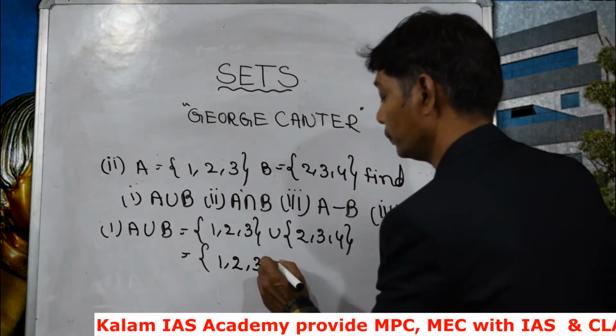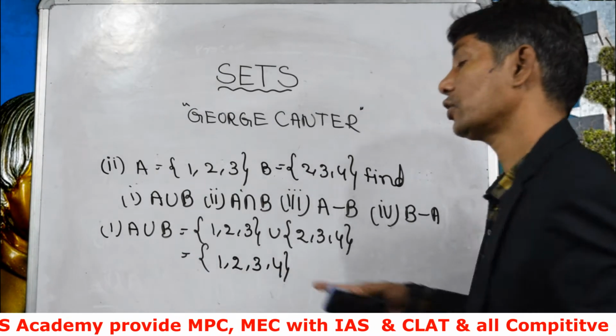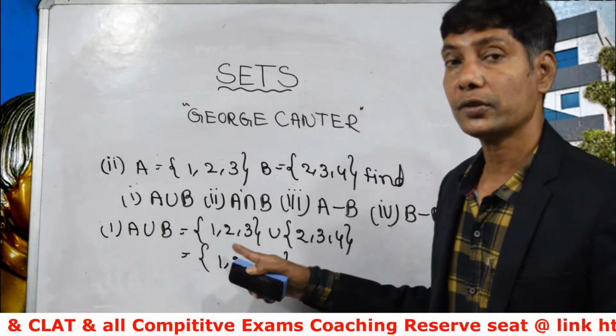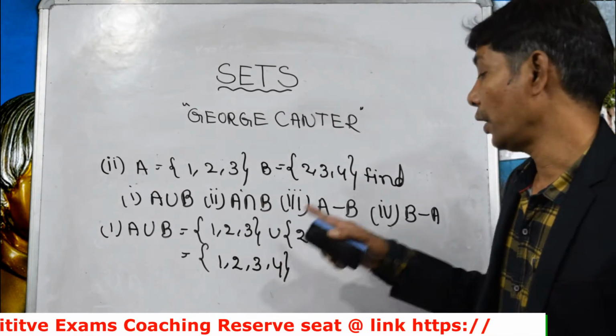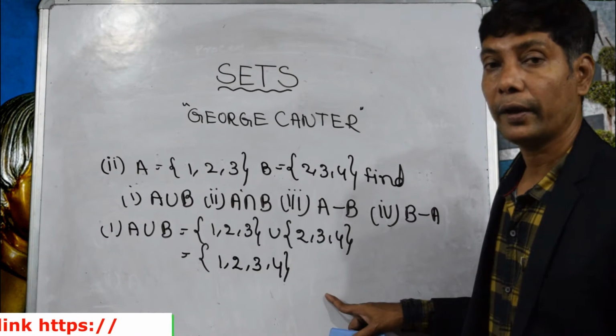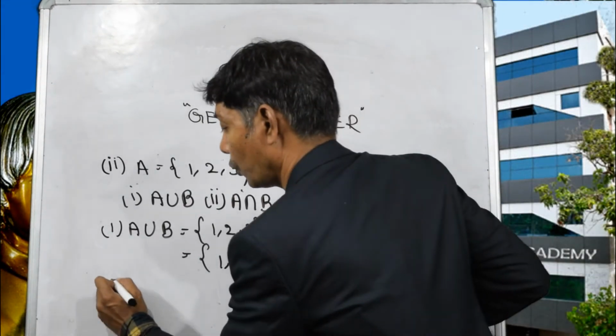And 4. That means A union B means you have to take the elements present in A and the elements present in B in this way.